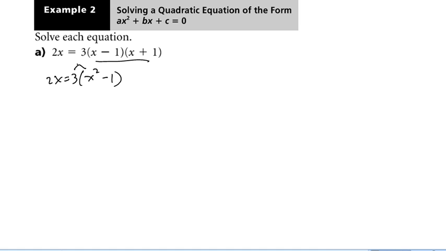And now let's multiply the 3 through here. 2x equals 3x squared minus 3. And we still can't find a, b, and c because they're not all on the same side. So let's subtract 2x from both sides, and we get 0 equals 3x squared minus 2x minus 3. And now, finally, we can find a, b, and c.